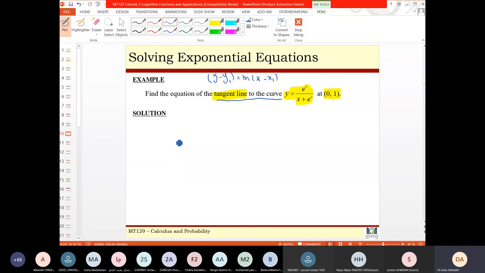What is y1? They give me the y1. What is x1? They give me the x1. فهذا ال x1 وهذا ال y1. I remain with the m اللي هو السلوب. And what is the slope? The slope is actually the derivative at the point 0, 1 اللي أعطاني إياها, يعني at x equal to 0.